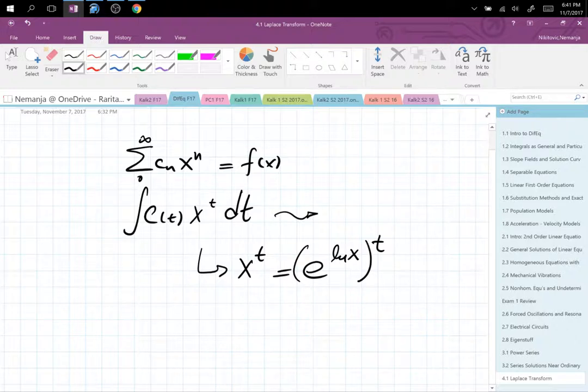This is a standard pre-calculus trick, right? Where you can replace anything you want that is exponential base with e to the ln of that base, because now e and ln would cancel and you just get x to the t.